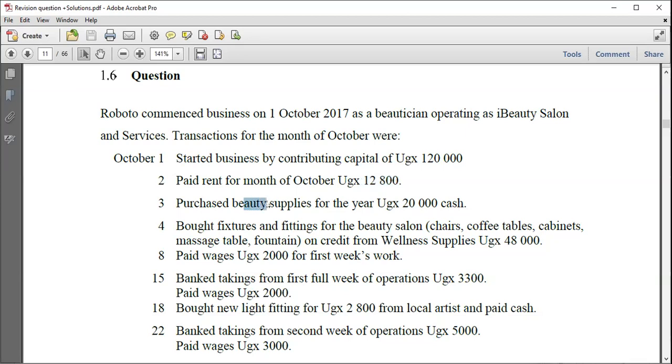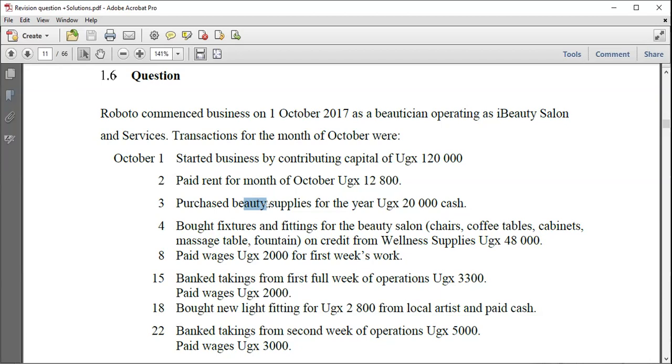We purchased beauty supplies worth 20,000.